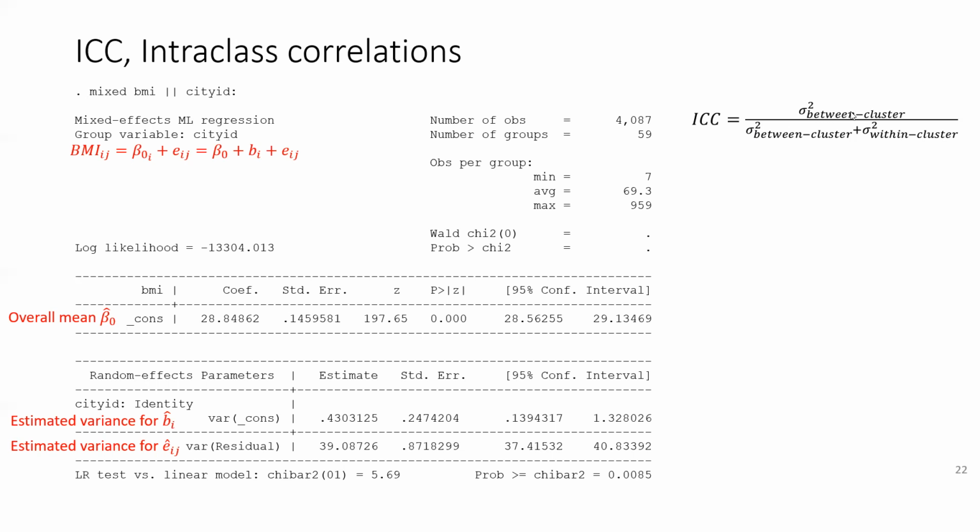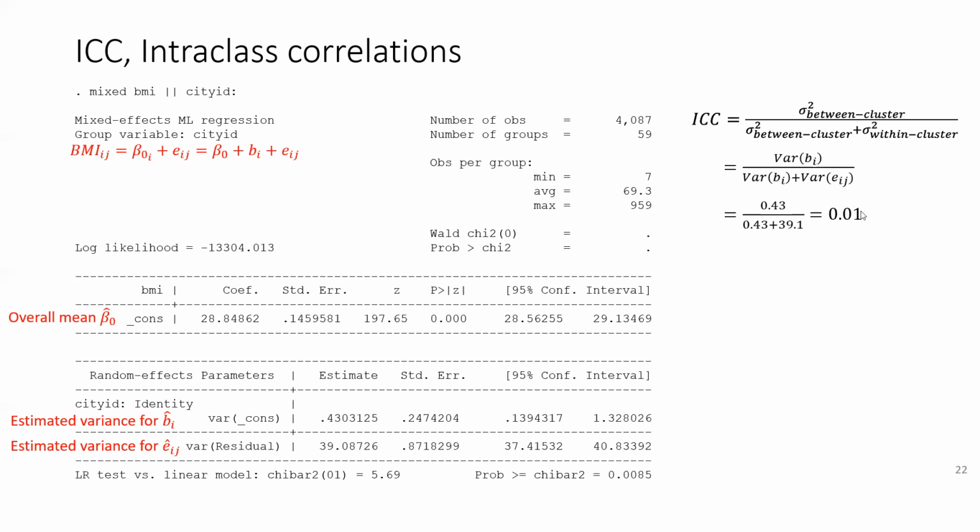the between cluster variance divided by the total variance, which is given by the between cluster variance plus the within cluster variance, which is equal to the variance of the random intercept divided by the variance of the random intercept plus the variance of the residual, which is 0.01 in our case.